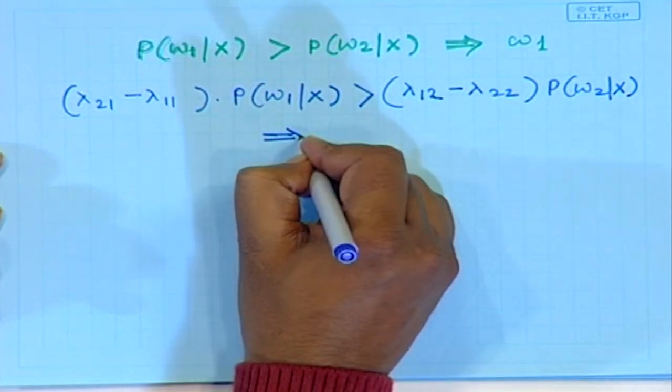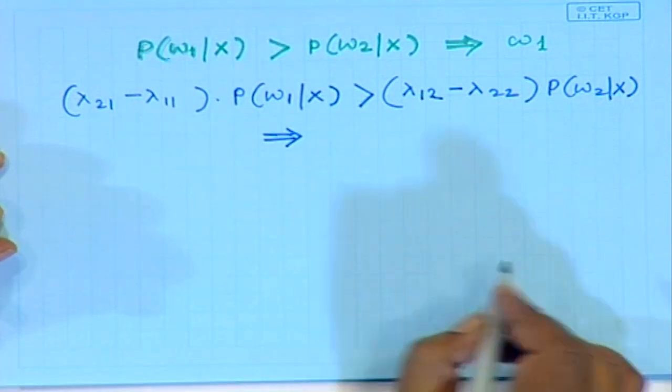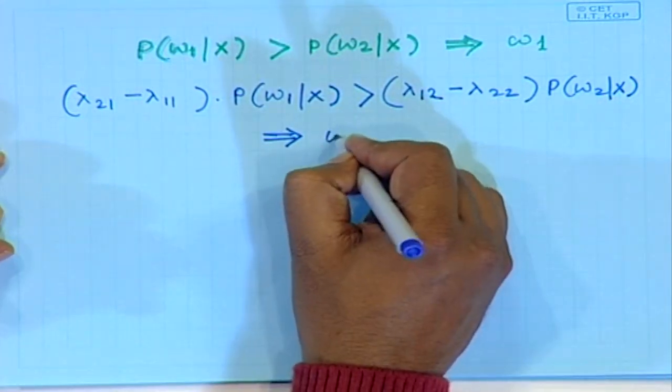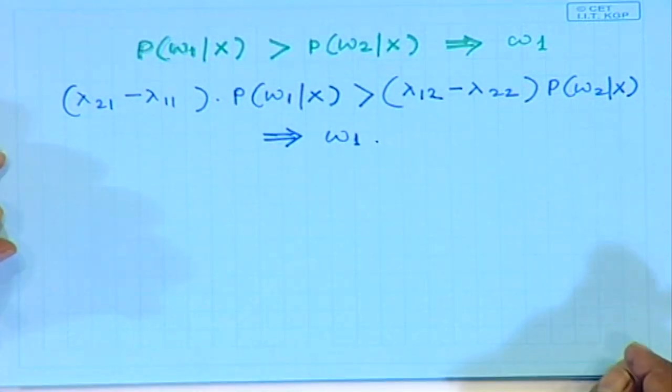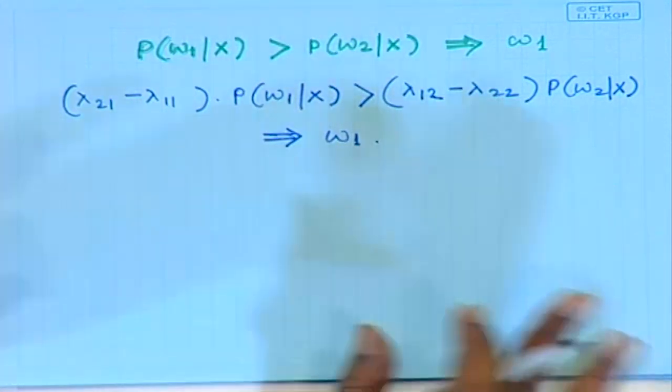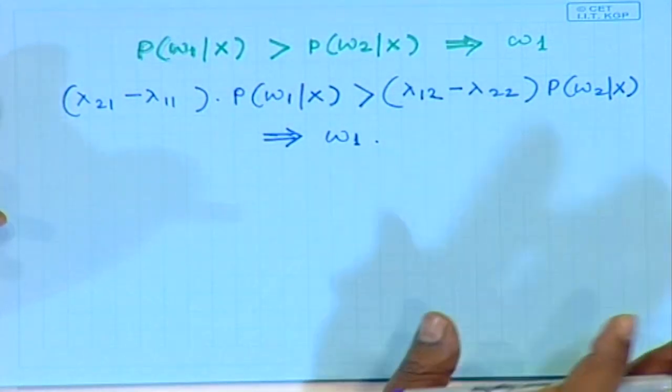This initiates action alpha 1, or deciding in favor of omega 1. Okay. So, this is what we are getting following the minimum risk classification.